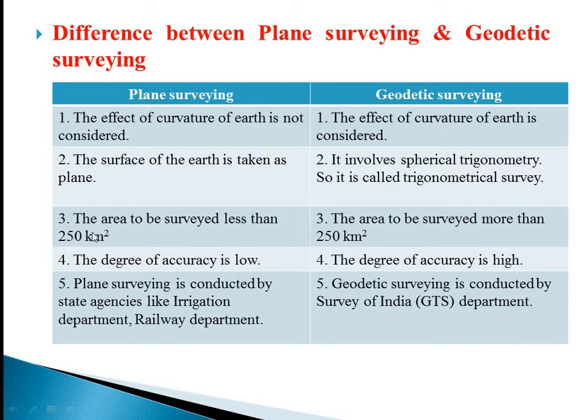Then third, in plane surveying, the area to be surveyed is less than 250 square kilometers, while in geodetic surveying, the area to be surveyed is more than 250 square kilometers. In plane surveying, the degree of accuracy is low, while in geodetic surveying, the degree of accuracy is high.